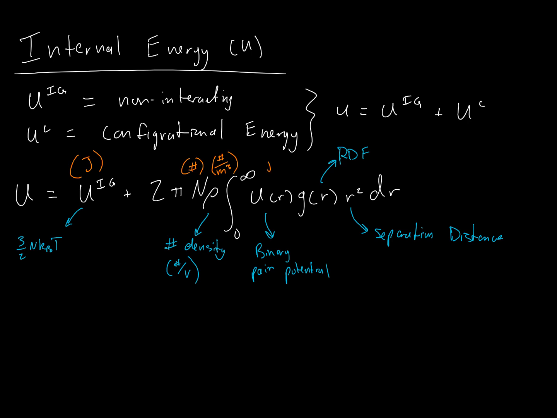Pair potential has units of energy. G of r is dimensionless. r squared gives us distance squared, dr gives us distance. And everything very nicely cancels out, and we get joules plus joules, because the meters cubed cancels with those two.